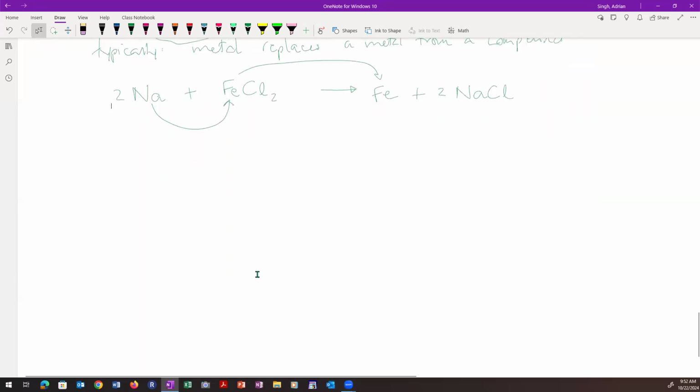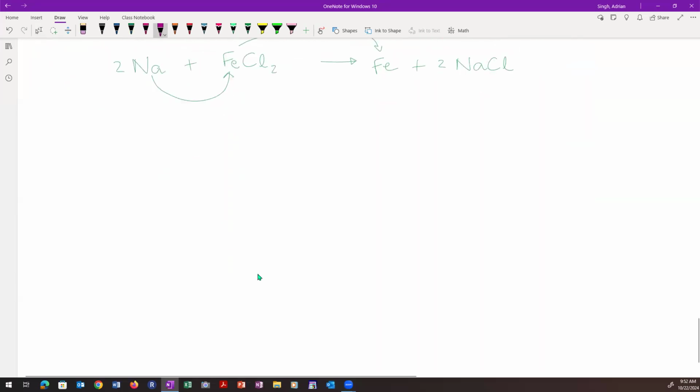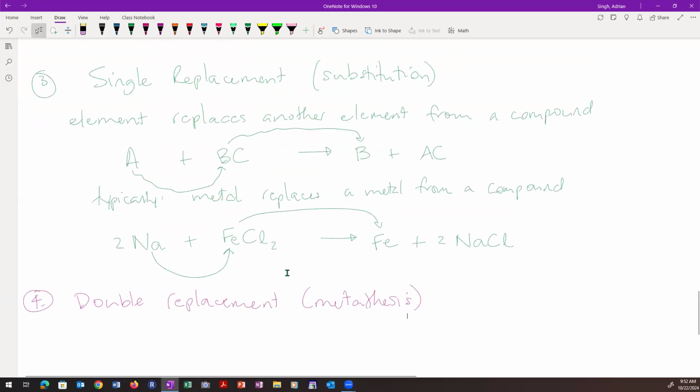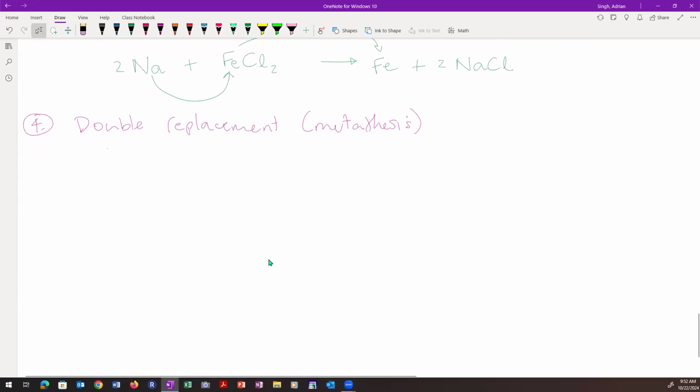or substitution. The fourth type is known as a double replacement, sometimes called a metathesis reaction. Okay, and here we have usually two elements swapping places in their compounds.